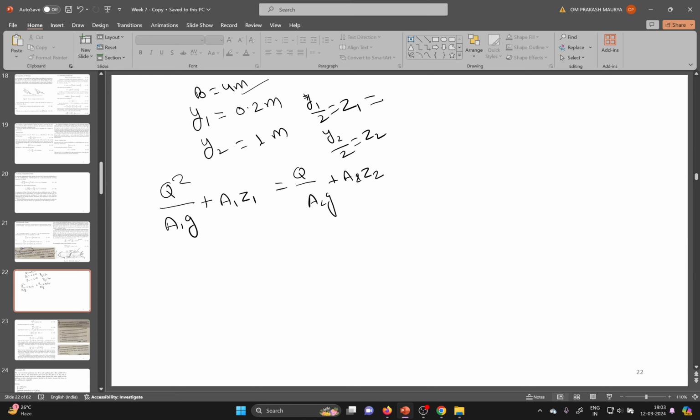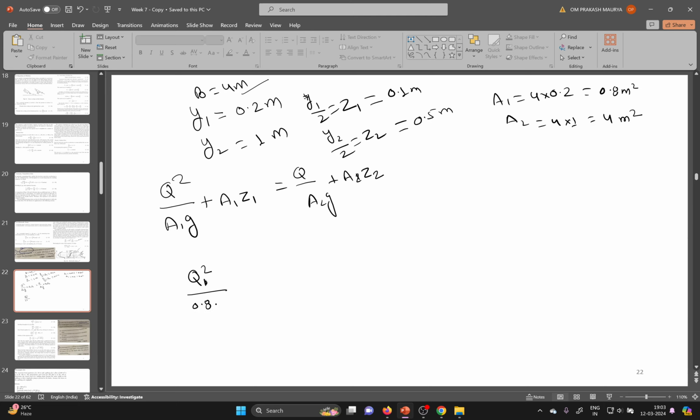So your Z1 is equal to 0.1 meter and Z2 is equal to 0.5 meter. And if you put here, A1 is B into y1. A1 is how much? 4 into 0.2, that is 0.8 meter square, and A2 is equal to 4 into 1, that is 4 meter square.